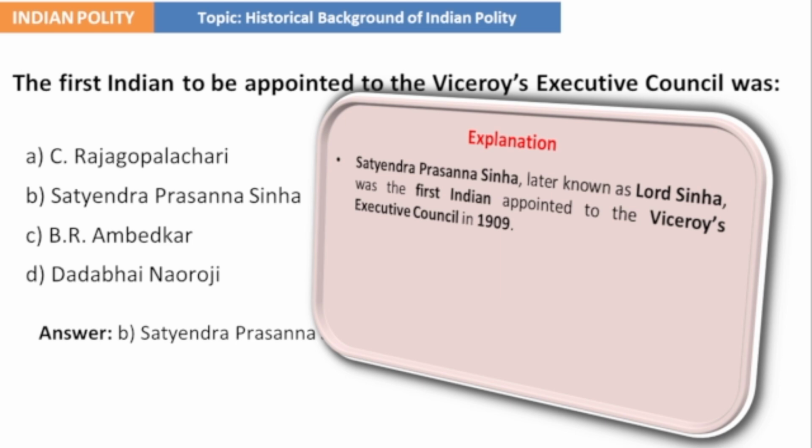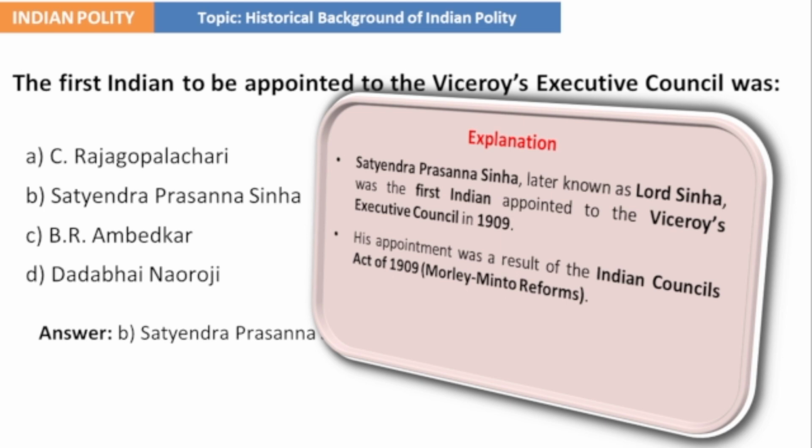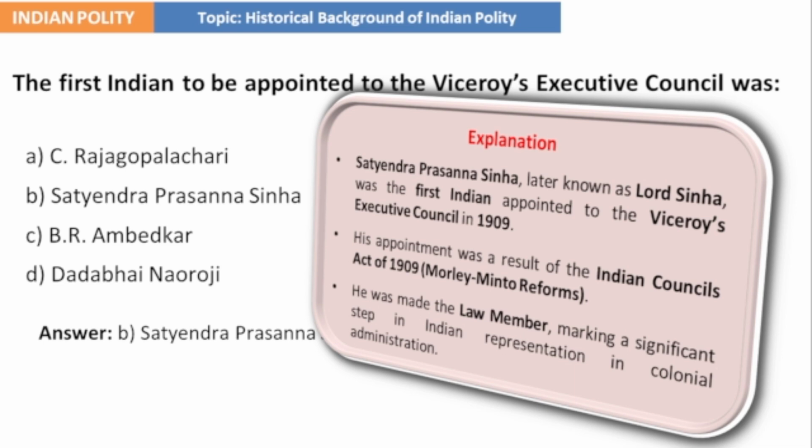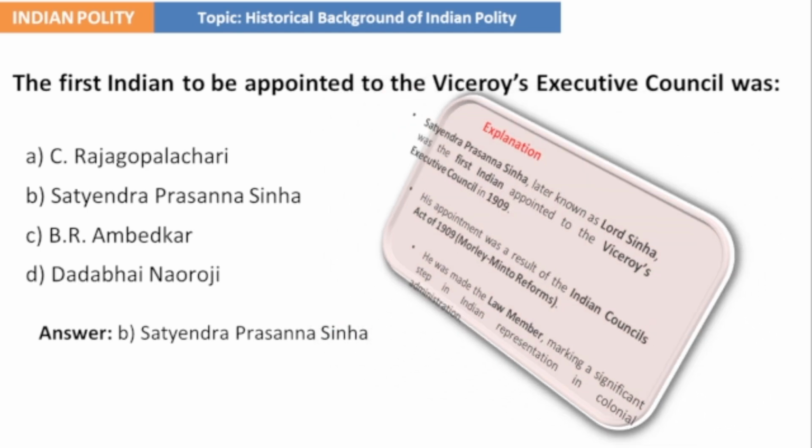Satyendra Prasanna Sinha, later known as Lord Sinha, was the first Indian appointed to the Viceroy's Executive Council in 1909. His appointment was a result of the Indian Councils Act of 1909, known as the Morley-Minto Reform. He was made the law member, a significant step in Indian representation in colonial administration.